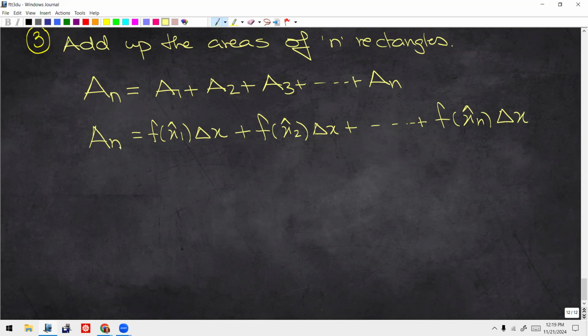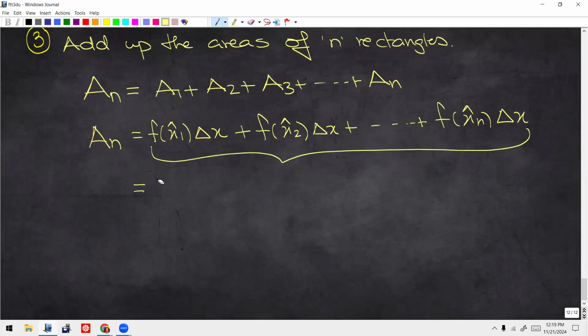No. One of the things we learned yesterday is that anytime you have a sum, we can write it more compactly using summation notation. So that's what we're going to do here. I'm going to write this in a more compact form using summation notation. Summation, k starts at 1 and goes up to n, correct? And then what are we adding?